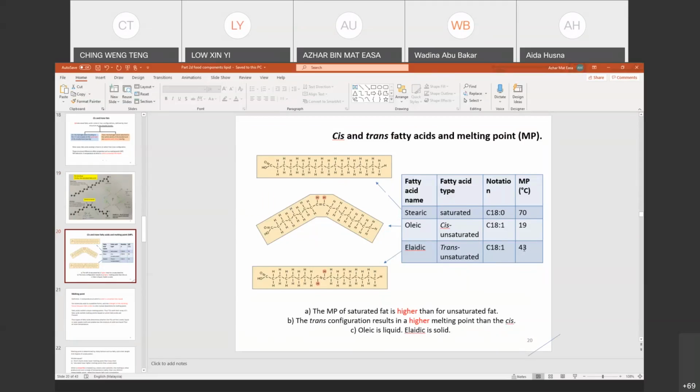Look at the melting point: oleic is 19, elaidic is 43. So if you are in industry, you prefer elaidic because the melting point is higher. The trans configuration results in a higher melting point than cis. So elaidic is solid, oleic is liquid because the melting point is lower.